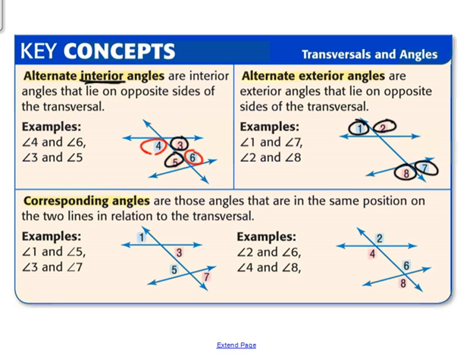Corresponding angles: these are angles that correspond based on their position, the same position in two lines cut by a transversal. So 3 and 7 are in a similar position, and of course 1 and 5 are corresponding angles. 2 and 6 and 4 and 8 are all corresponding angles.